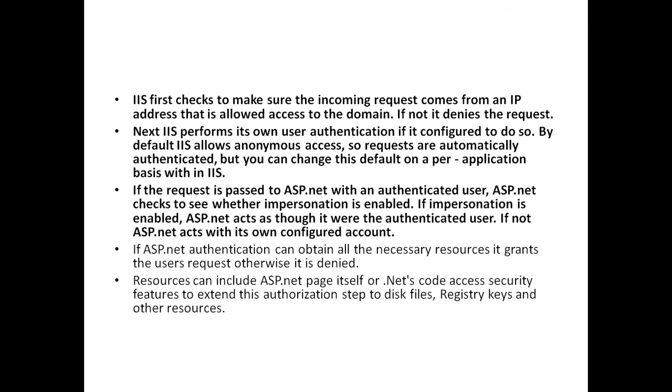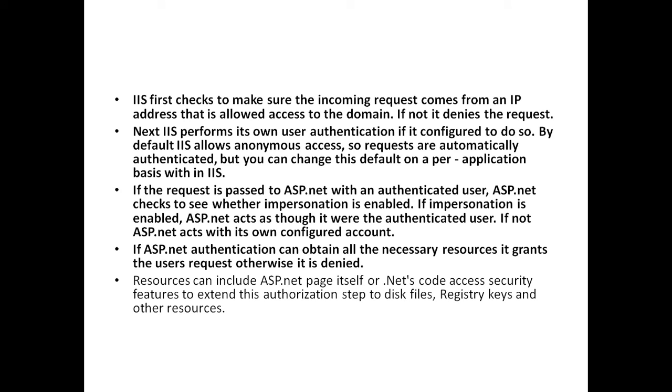If the request is passed to ASP.NET with an authenticated user, ASP.NET checks whether impersonation is enabled. If impersonation is enabled, ASP.NET acts as though it were the authenticated user. If not, ASP.NET acts with its own configured account.